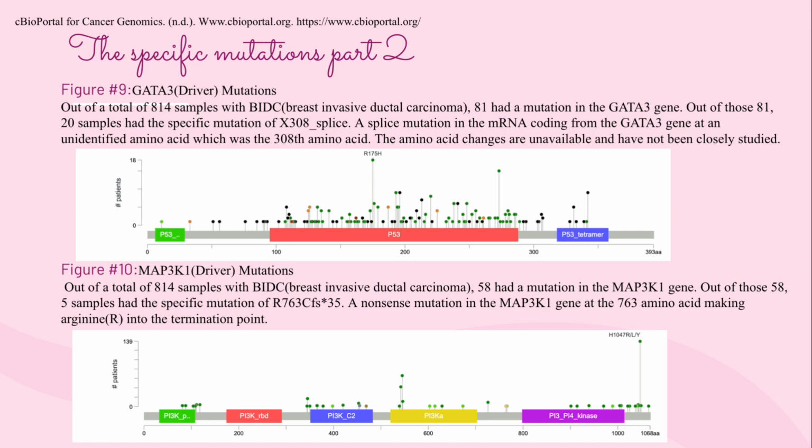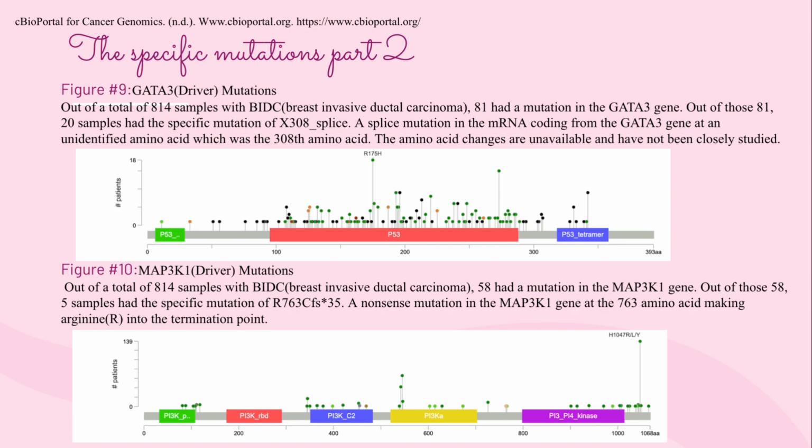This was a nonsense mutation that made the gene stop having any more codable base pairs at the 763rd amino acid, changing arginine into the termination point, cutting down the rest of the sequence responsible for a lot of the cellular function.